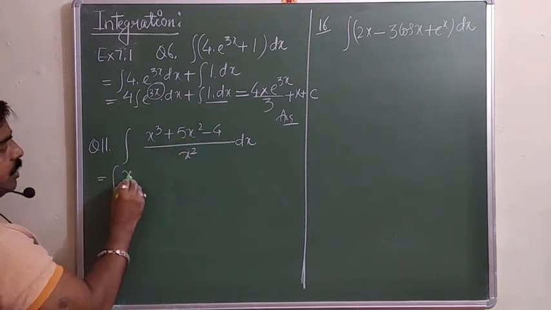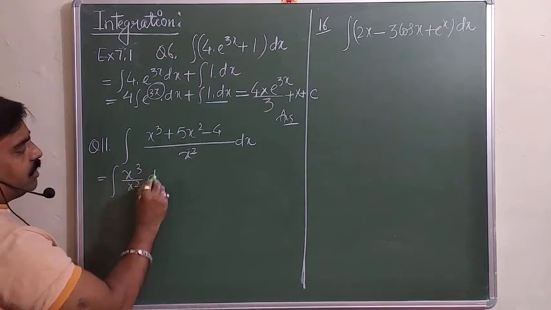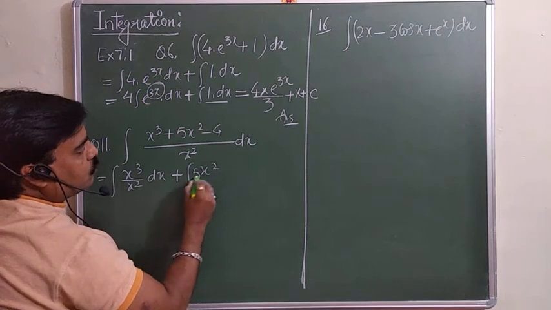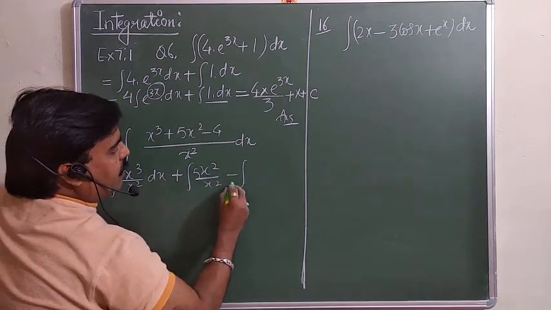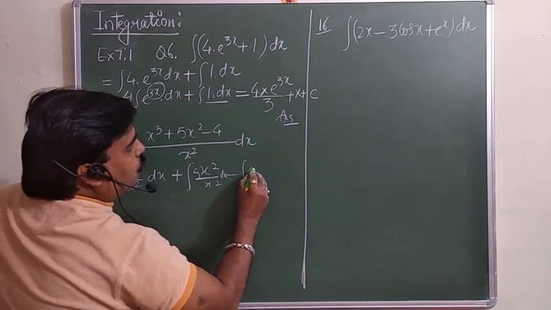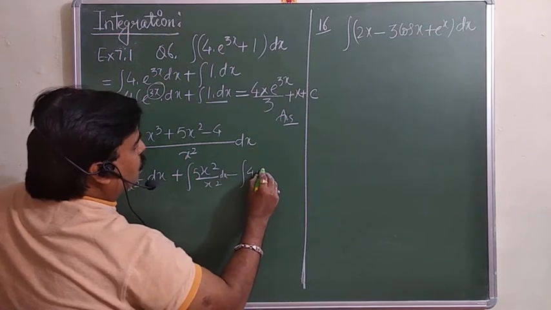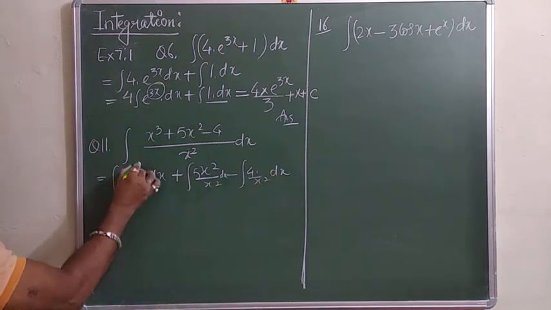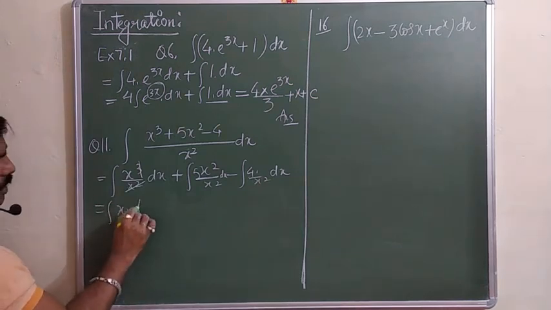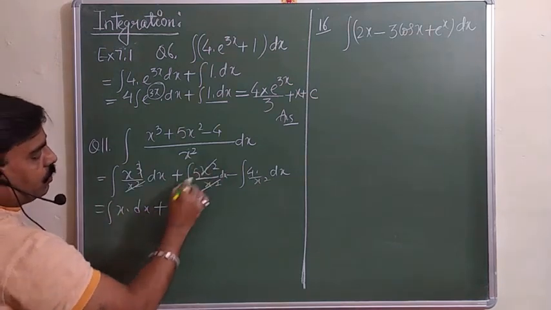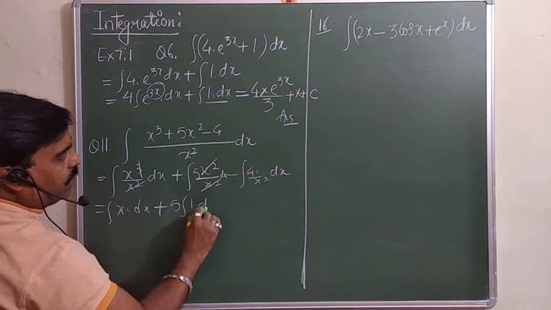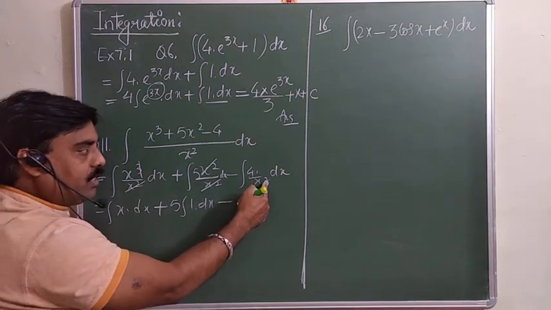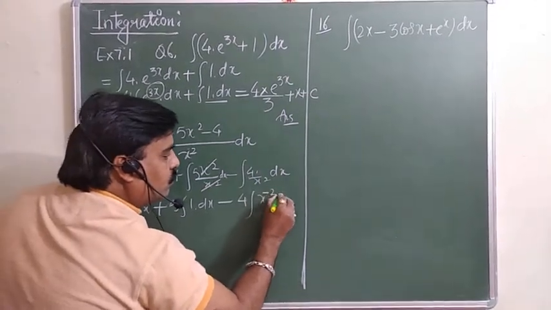So directly I am doing x cube over x square dx plus 5 x square over x square dx minus 4 over x square. Separately you can write, no problem. This is x into dx plus, x square gone, 5 into 1 dx, minus 4 you can take out, and x raised to power 2 in the denominator you can send to the numerator as minus 2, dx.